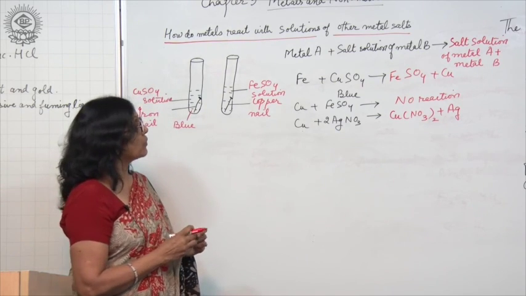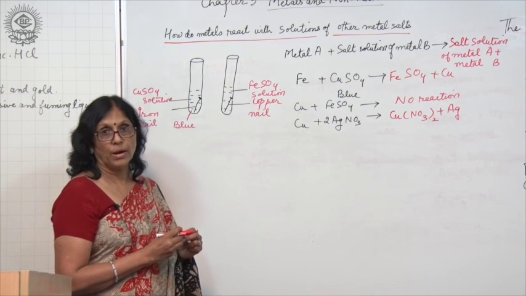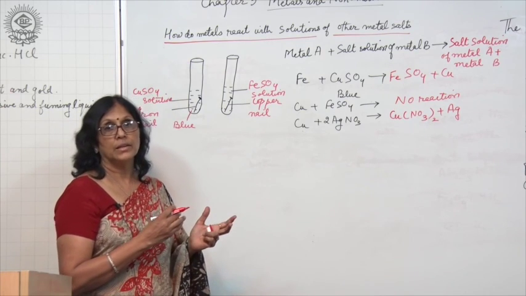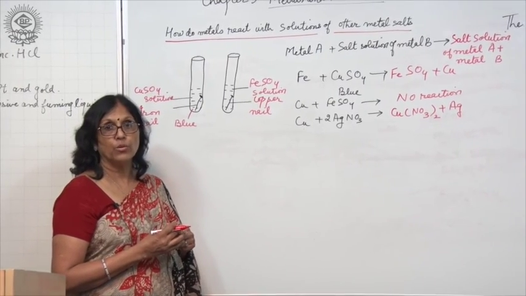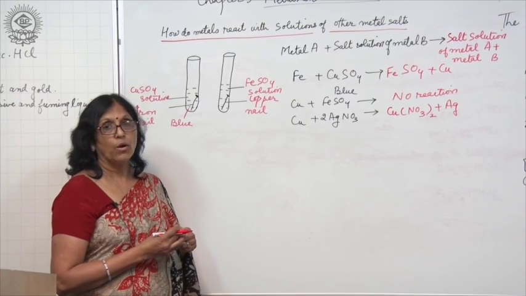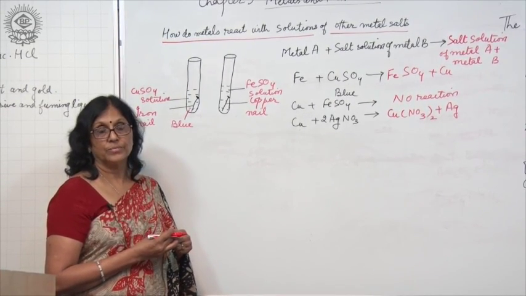So, on the basis of displacement reactions, we come to know how reactive one metal is than the other. We know about the reactivity of the various metals, on the basis of which a reactivity series can be made.